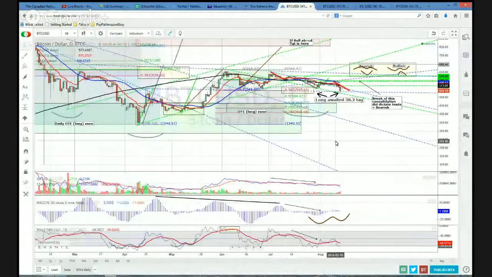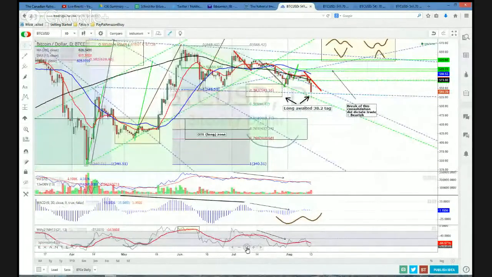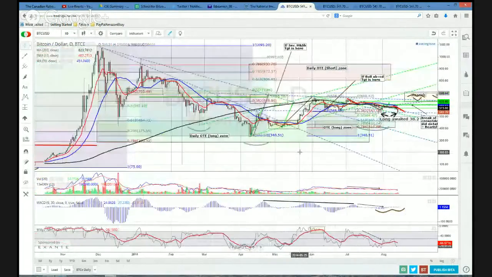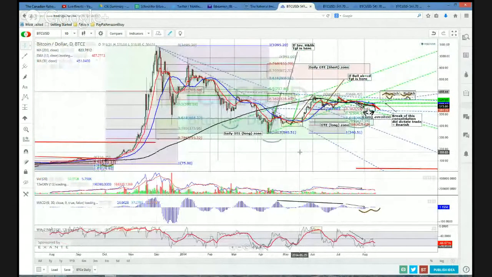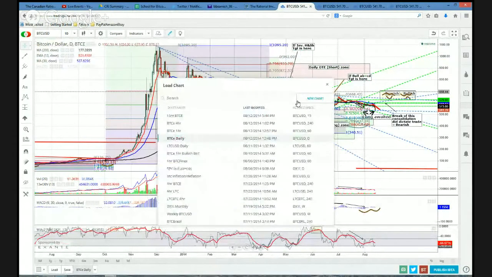Anyway, let's get to the charts. All right, so once upon a time, and let's start out on the bigger time frame, just because we like to make sure everybody has a solid footing as to what they see here. This is awfully messy. Why don't we just start with a brand new chart for you here, just so you can see everything nice and clearly.